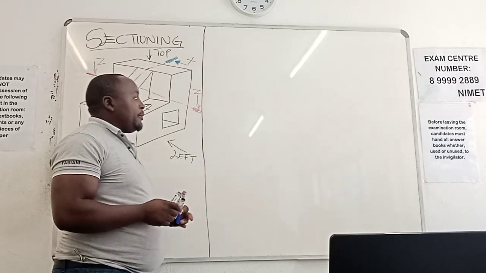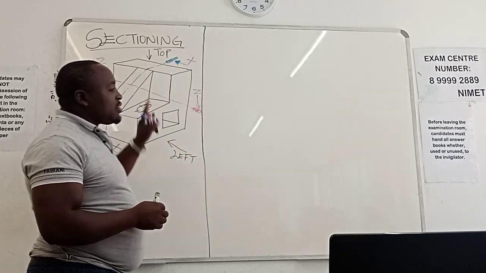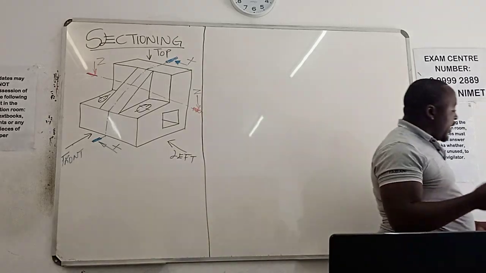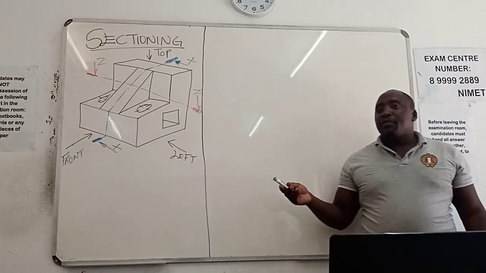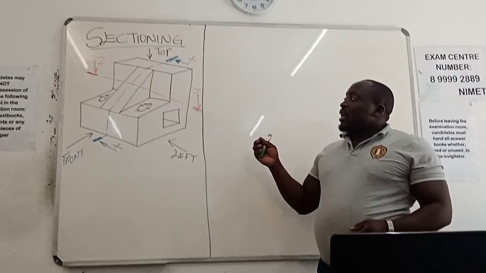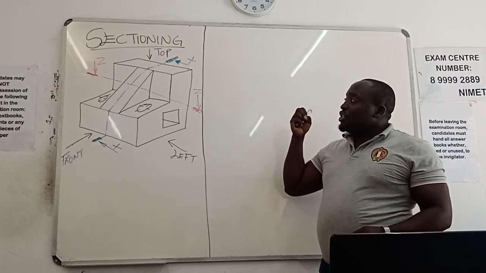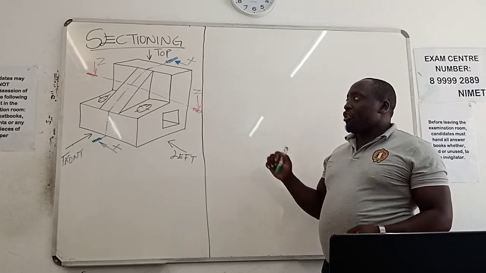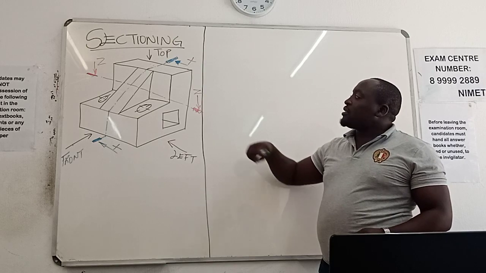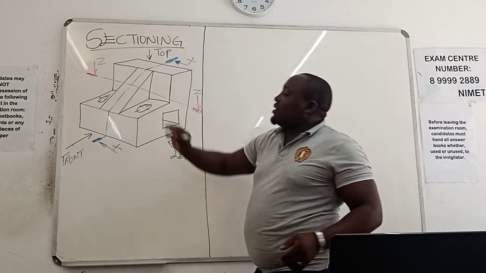Okay, so I've got this drawing here. It is drawn in 3D. I want to pull out from this drawing and draw the 2D drawing. This drawing shows us where the cutting planes are.